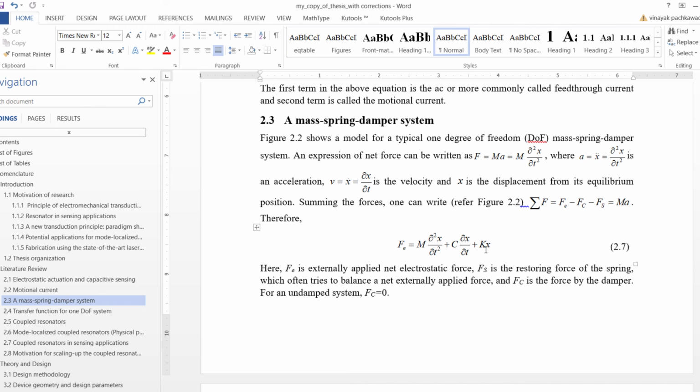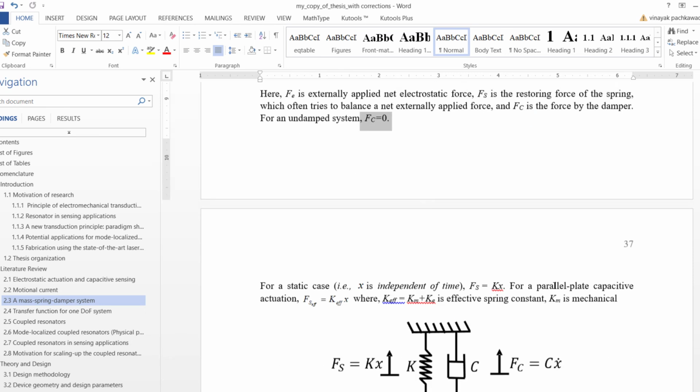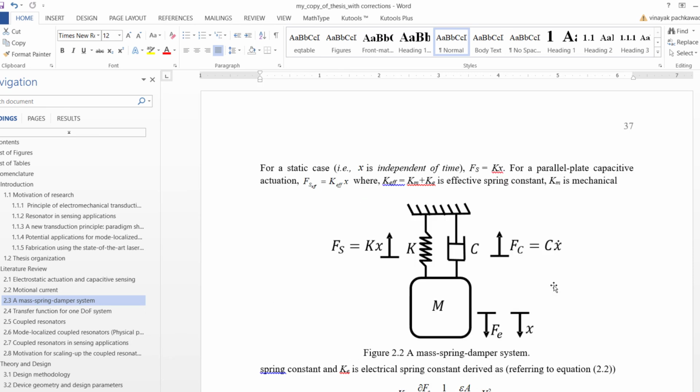So if the system has no damping, let's say there is no opposition to the velocity of the proof mass, we can keep this Fc equals 0. So for an undamped system, we don't have this force over there, and for a static case, it means x is independent of time.